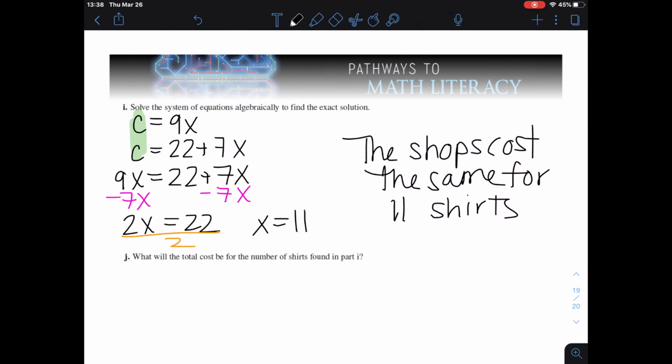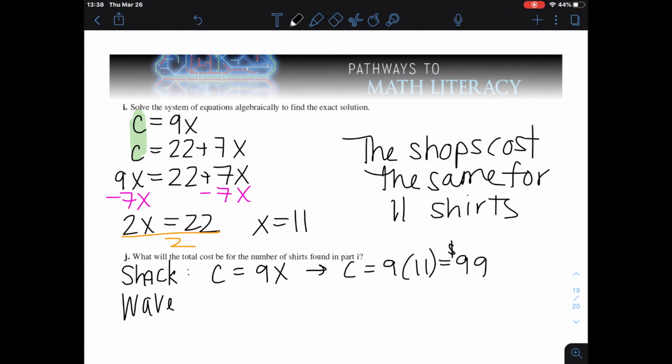So we want to see what the total cost is then. Let's look at the Shirt Shack. The cost is 9 times the number of shirts, so 9 times 11, or $99 to order the shirts from Shirt Shack.